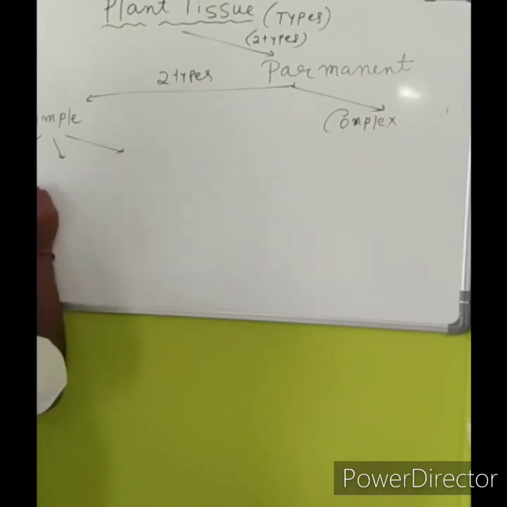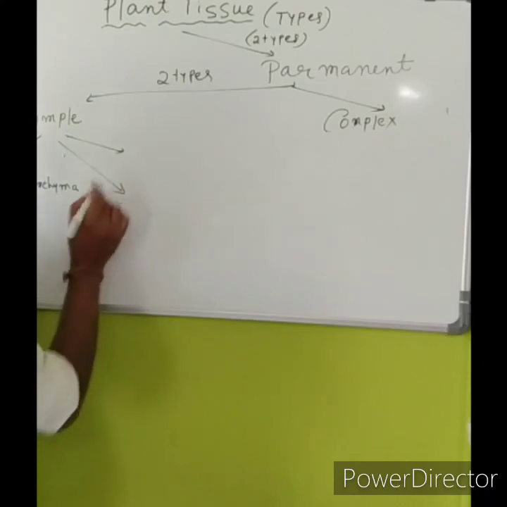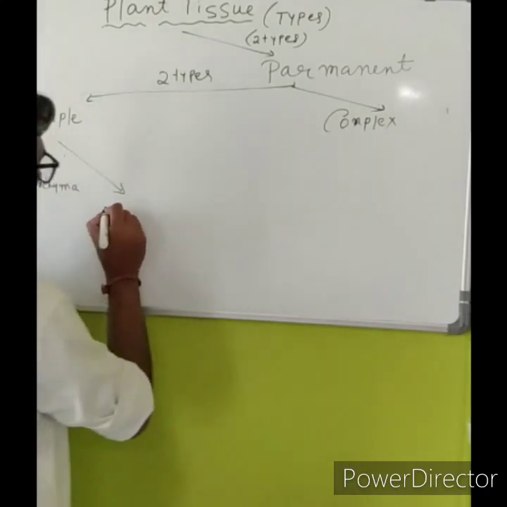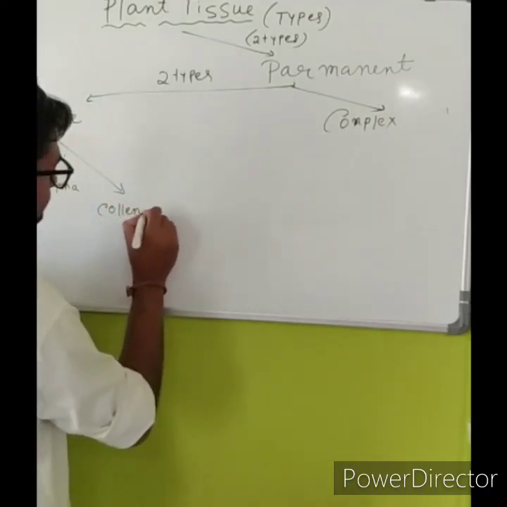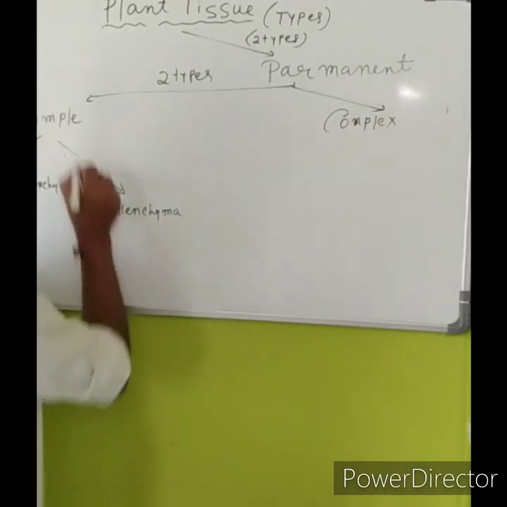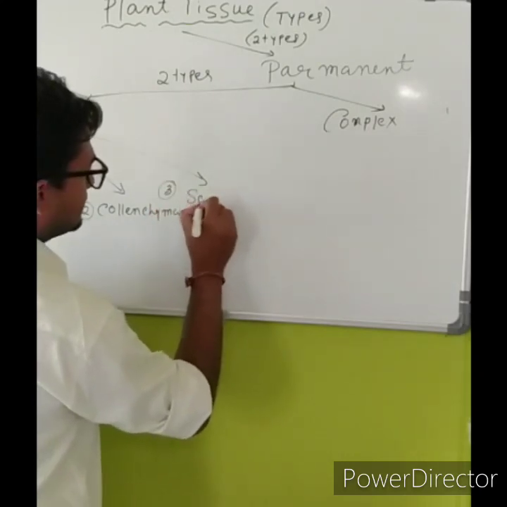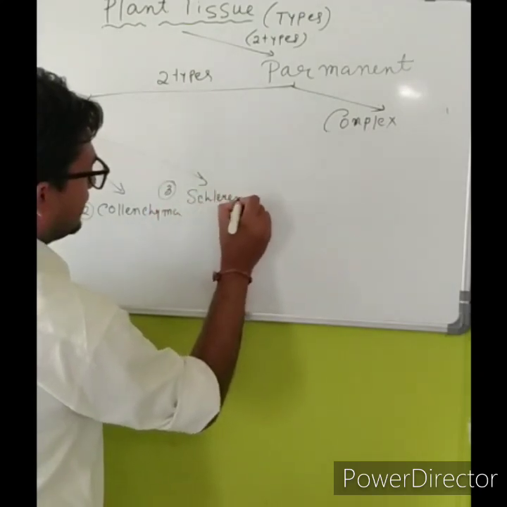First one is parenchyma. Second one is collenchyma. And the third one is sclerenchyma.